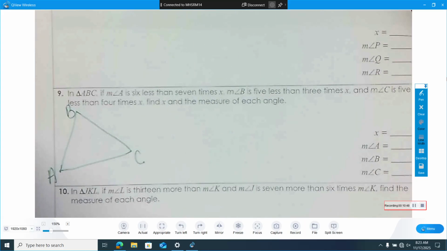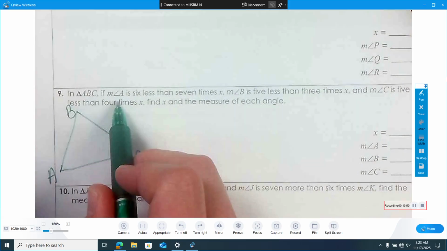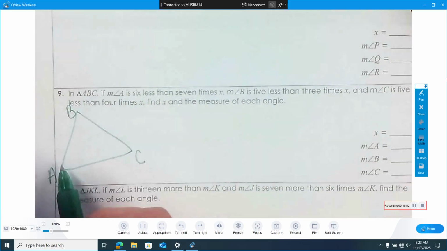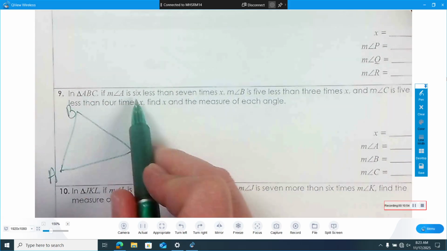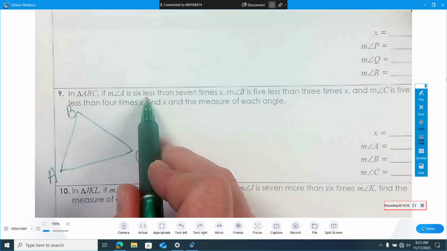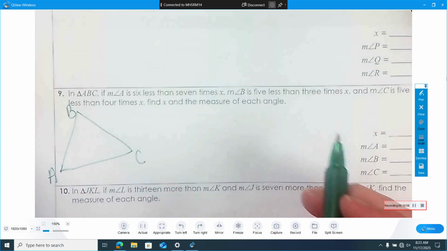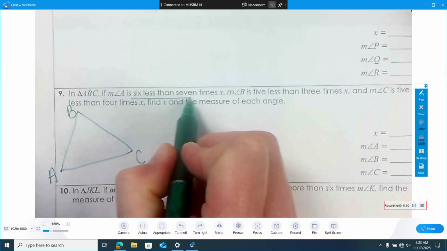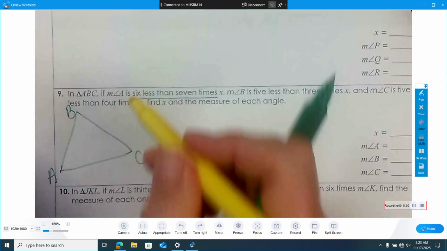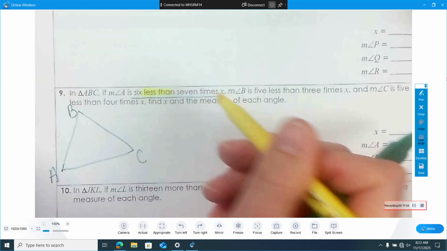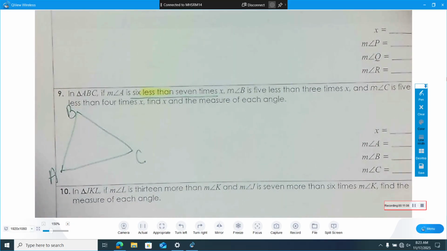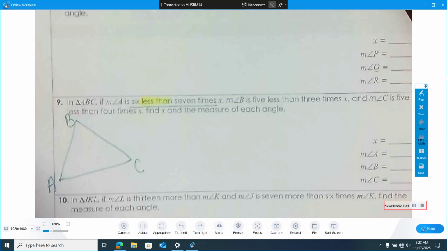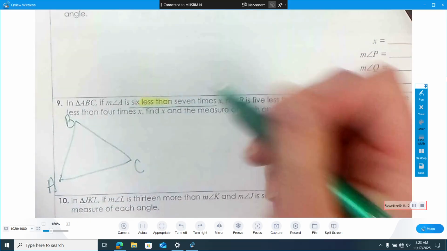Now, it says that the measure of angle A is 6 less than 7 times x. What can I write for 6 less than 7 times x? Almost. 7x minus 6.